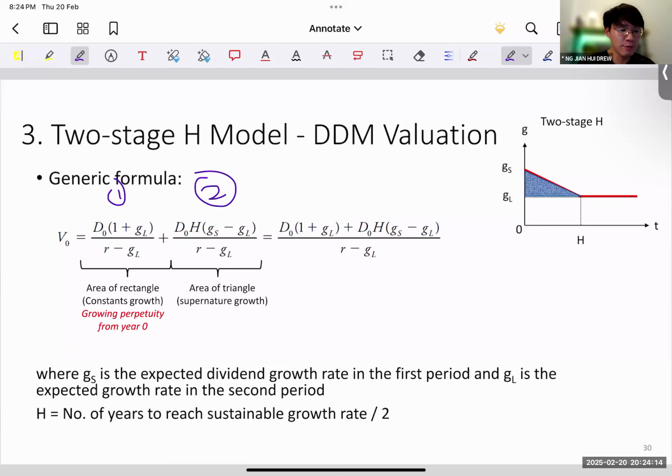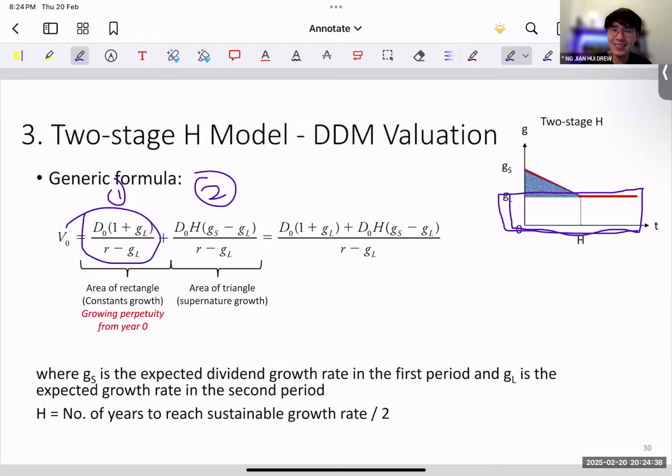Part one of the formula is simply the area of the rectangle at constant growth. What does this mean? Let me show you. It's just this rectangle where there's a constant growth of GL. You'll notice that this is your growing perpetuity formula, where it's growing at GL.